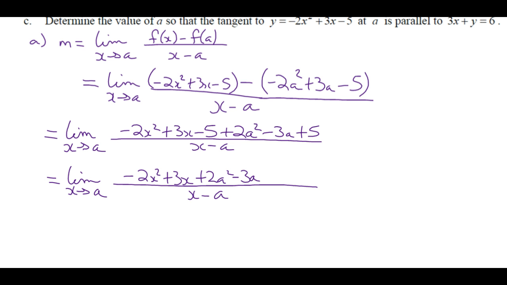Now what? Now we got like part B, right? Yeah. For the x and the a, could you put like a 3 in front and then it'd be x minus a?